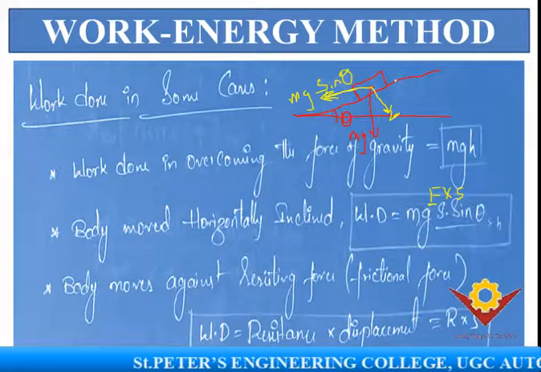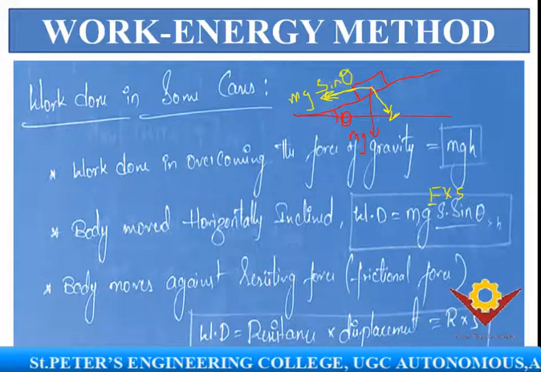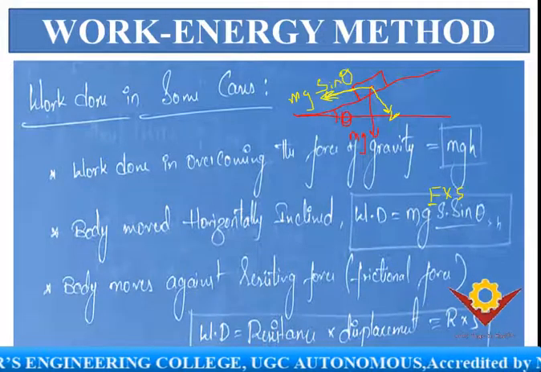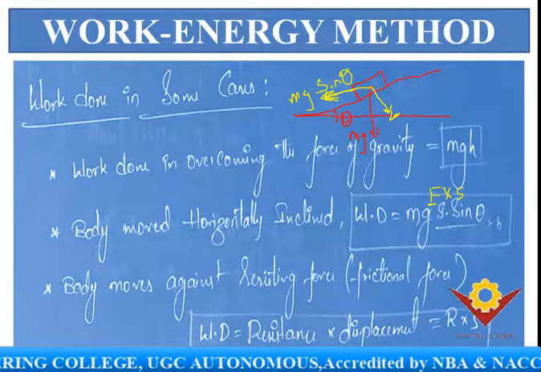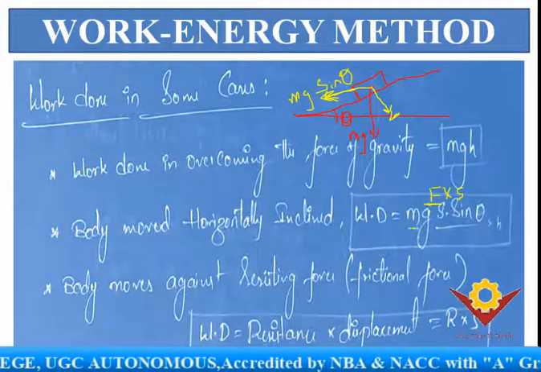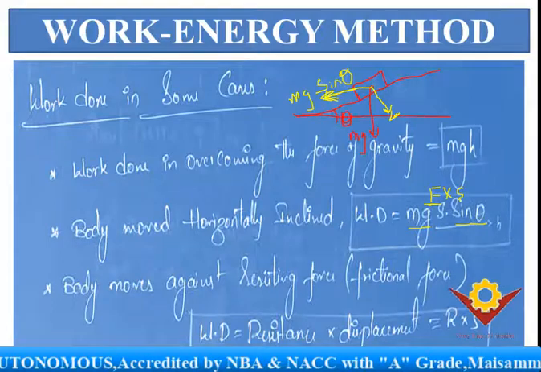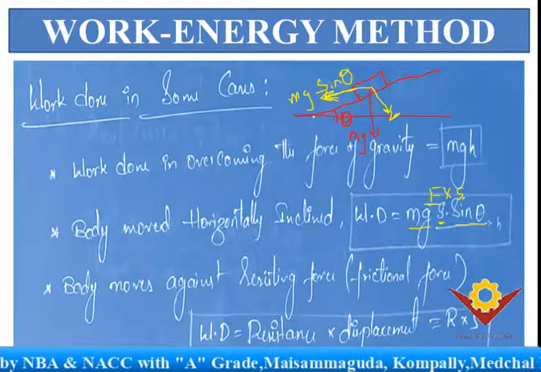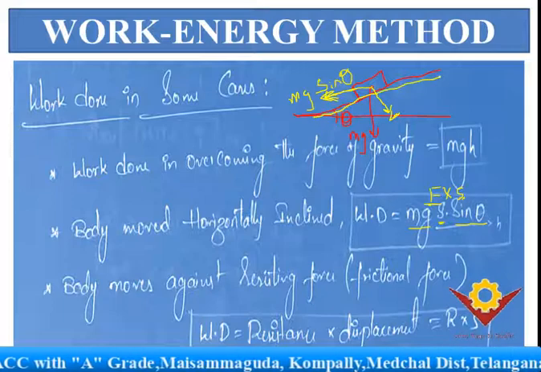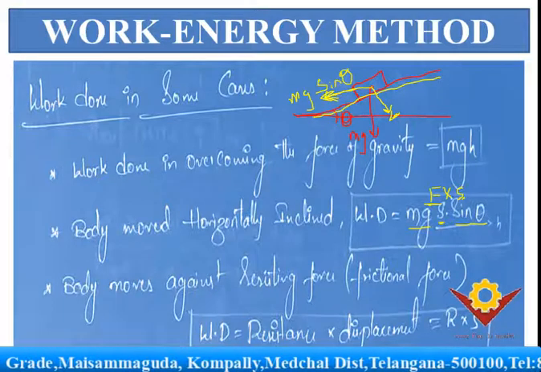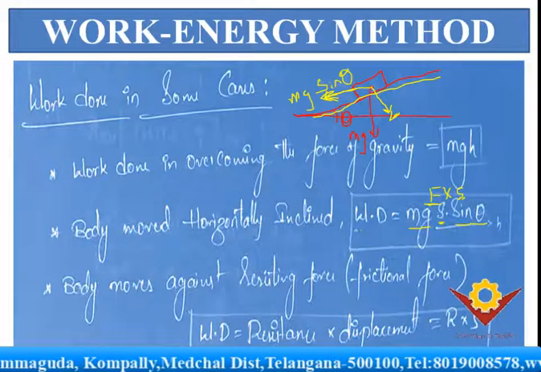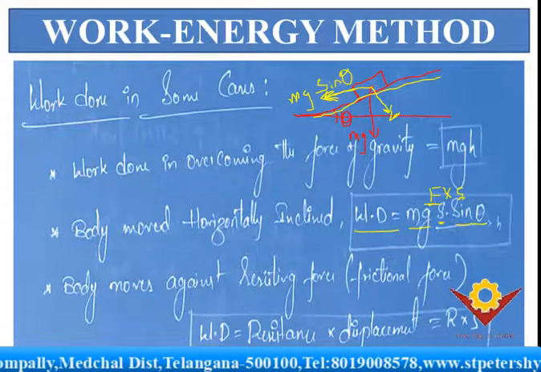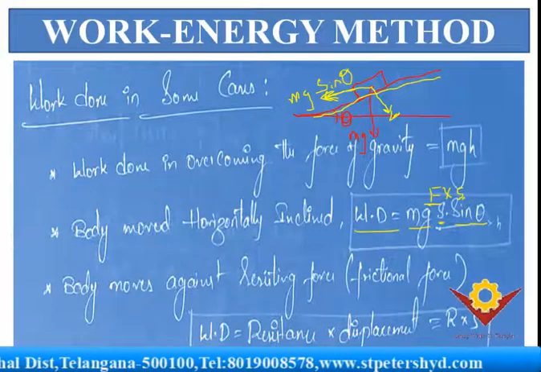When the body is moving on the incline, it slides down with the force of mg sin theta, right? And the distance is s, the distance covered by the body from here to here. So in this way you get your work done, which is force into s. The force is mg sin theta, the displacement is s.